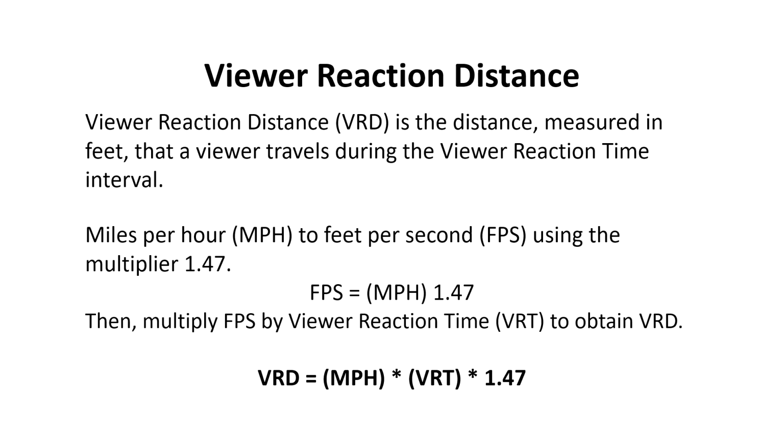To calculate the viewer reaction distance, we first have to convert the travel speed from miles per hour to feet per second using a multiplier, which is 1.47. So, to obtain the viewer reaction distance from the viewer reaction time, the formula is this one.